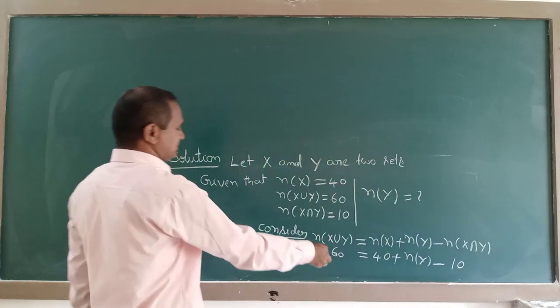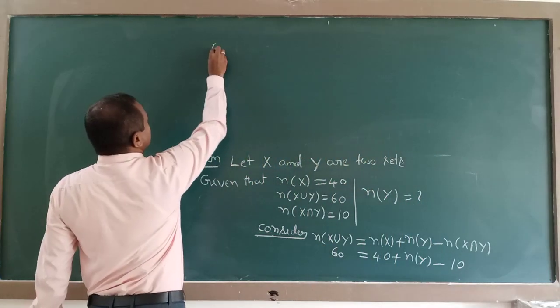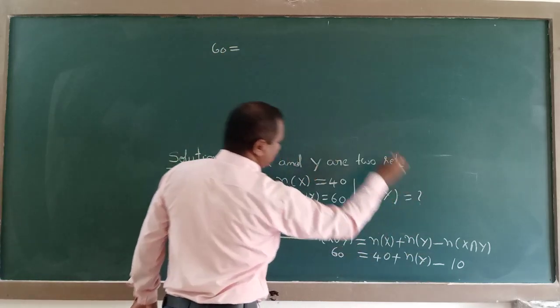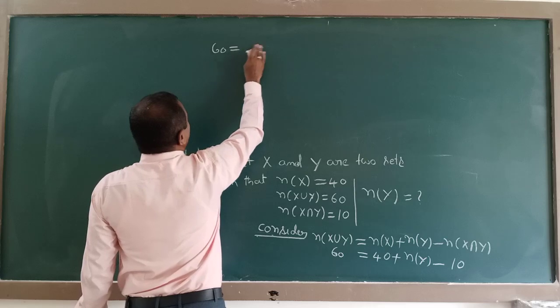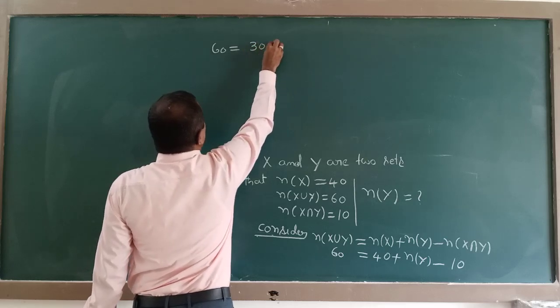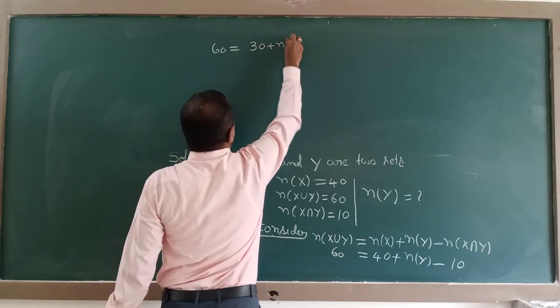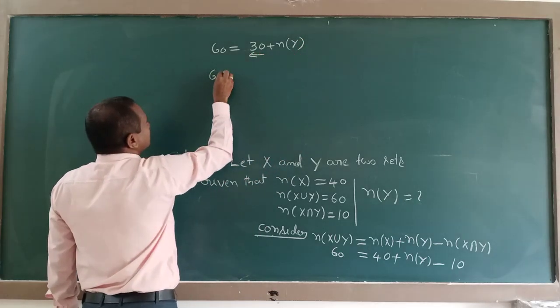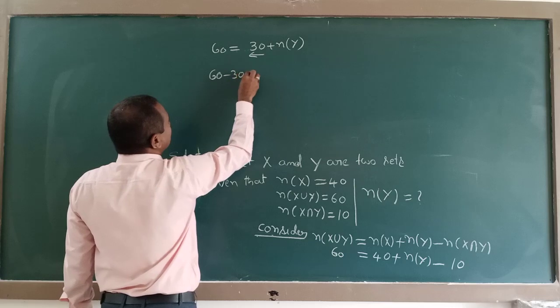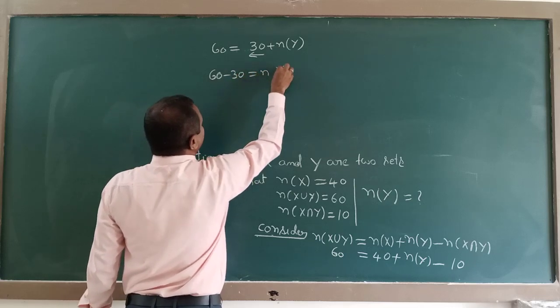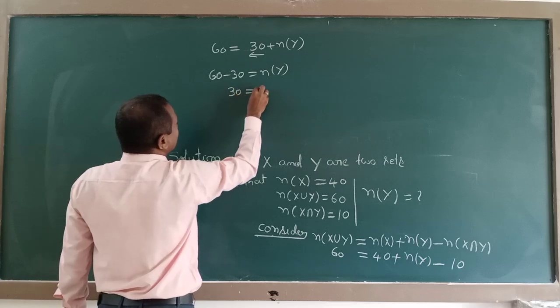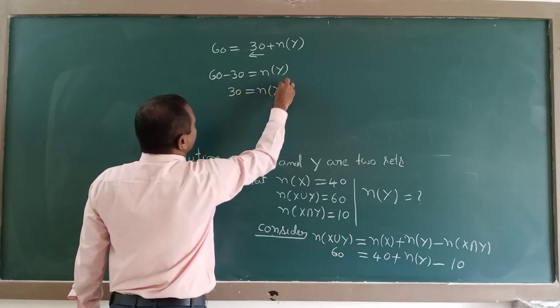Next step, 60 is equal to 40 minus 10, which is 30, 30 plus n of y. Sending 30 to this side, it becomes 60 minus 30 is equal to n of y. That is, 30 is equal to n of y.